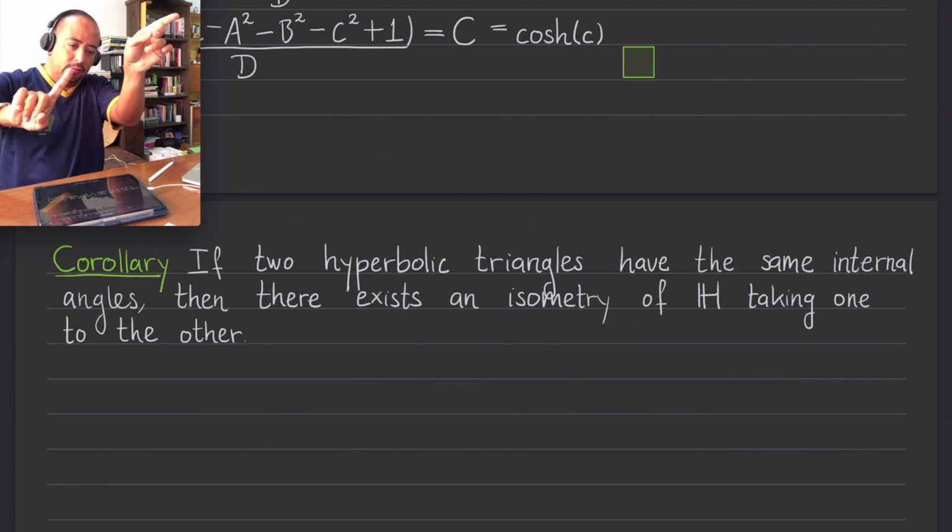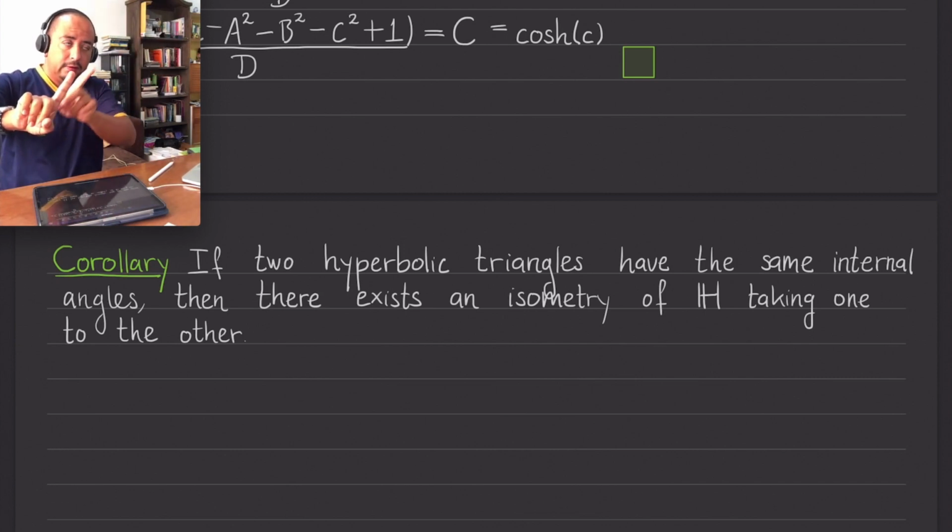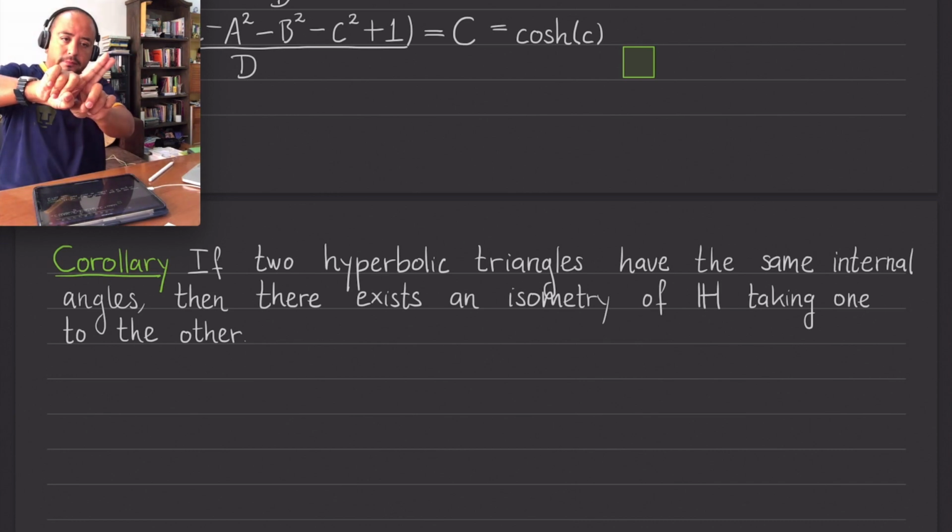Then you can move this one along, and this corresponds to being able to multiply by a positive lambda in the upper half plane, which is what allows us to do that, until they coincide.